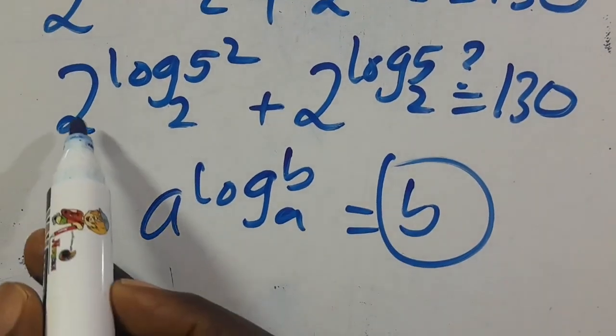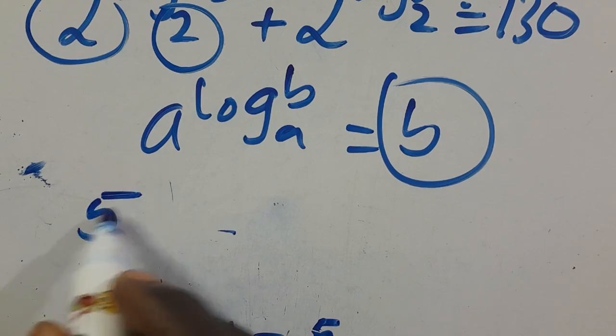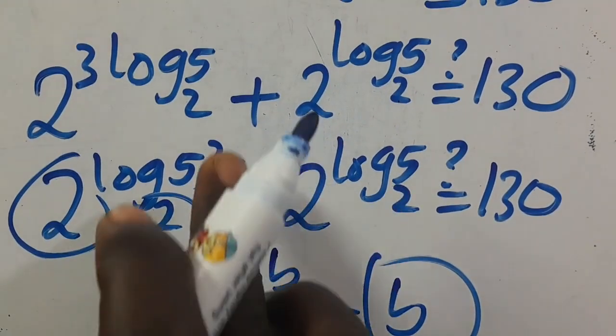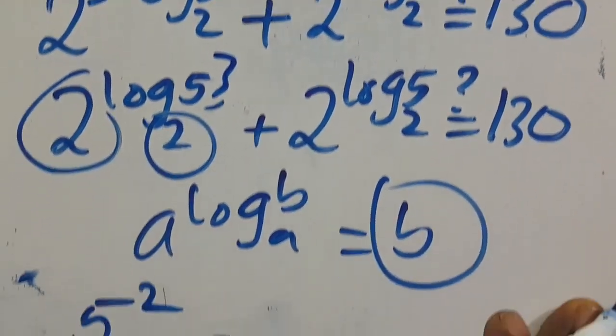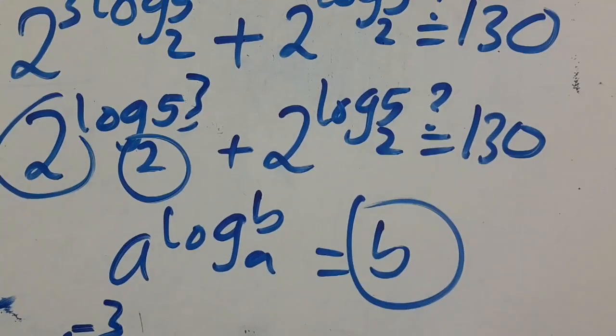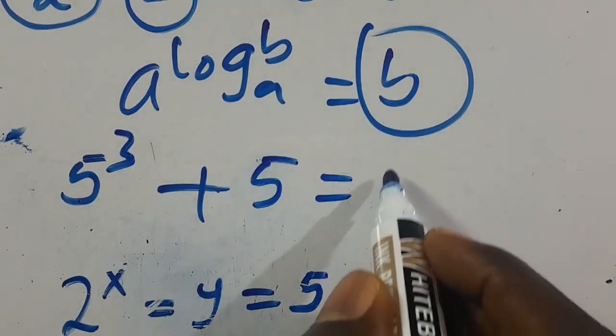So here they have the same base, and the output will be 5 to the power of 3. Plus this and this are the same, the output will be 5, which equals 130.